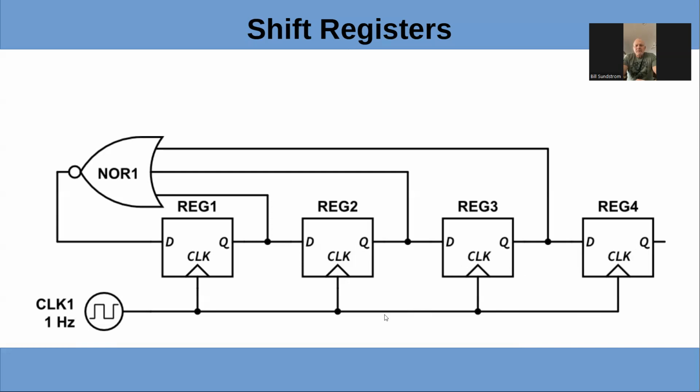So in effect, if I had a 1 here, every clock is going to move that 1 to the next stage and shift it from beginning to end. Oh, wait a minute. I'm looking at it backwards. That's not the input.